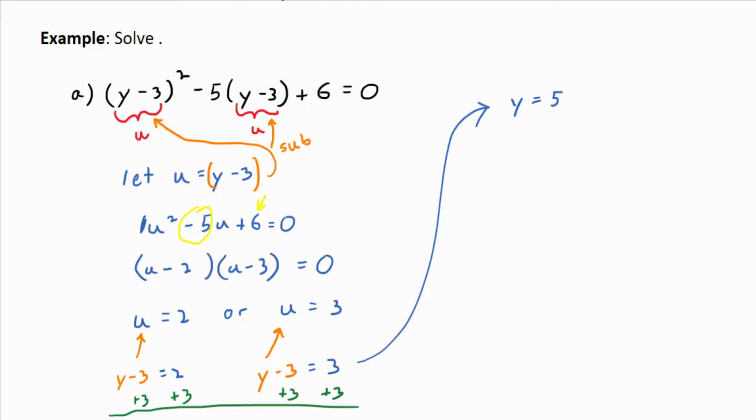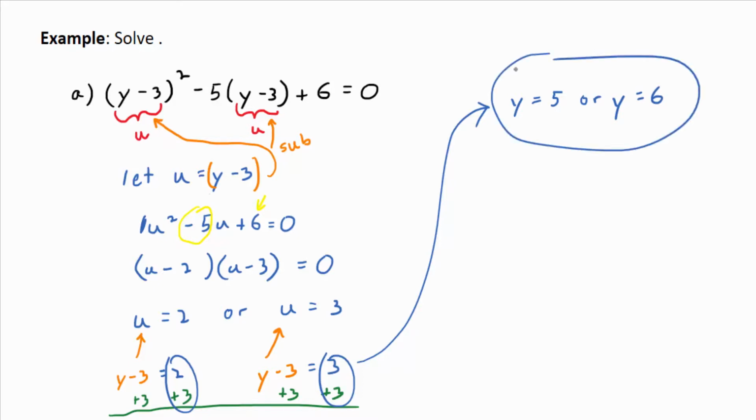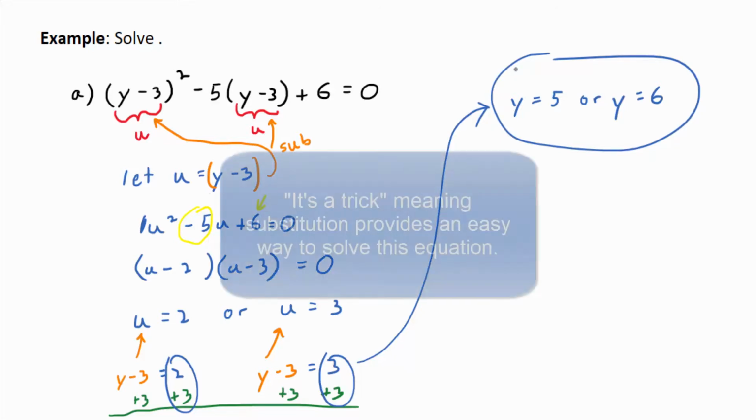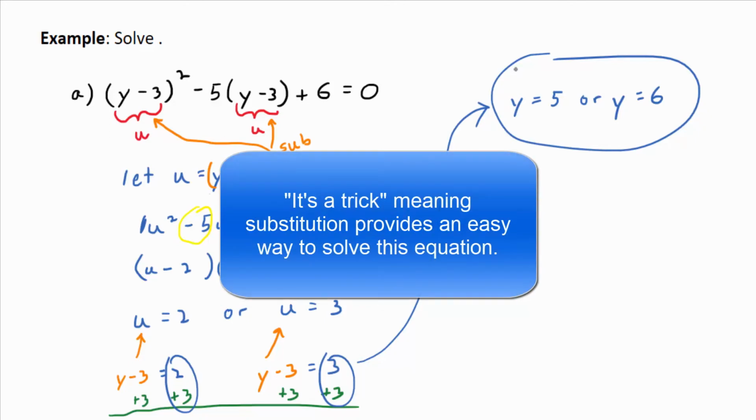So I get y equals 5 or y equals 6. And then I'm done. That is less work than multiplying out (y minus 3) quantity squared, distributing the minus 5, and then going about solving it. So it's a trick for solving problems easier and faster.